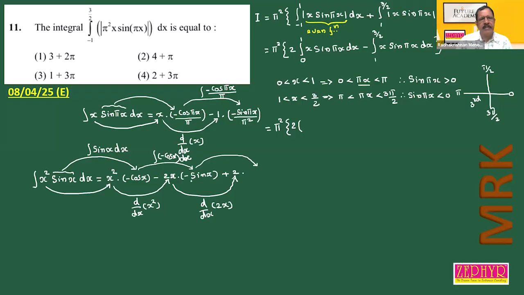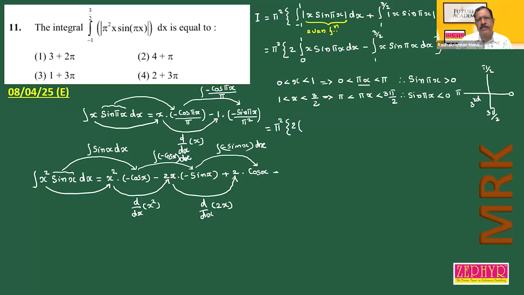Next factor, integral of minus sin x. What is integral of minus sin x? That is cos x. Now, if you continue this, next term will be derivative of 2, that will be equal to 0. So our integration ends over here.